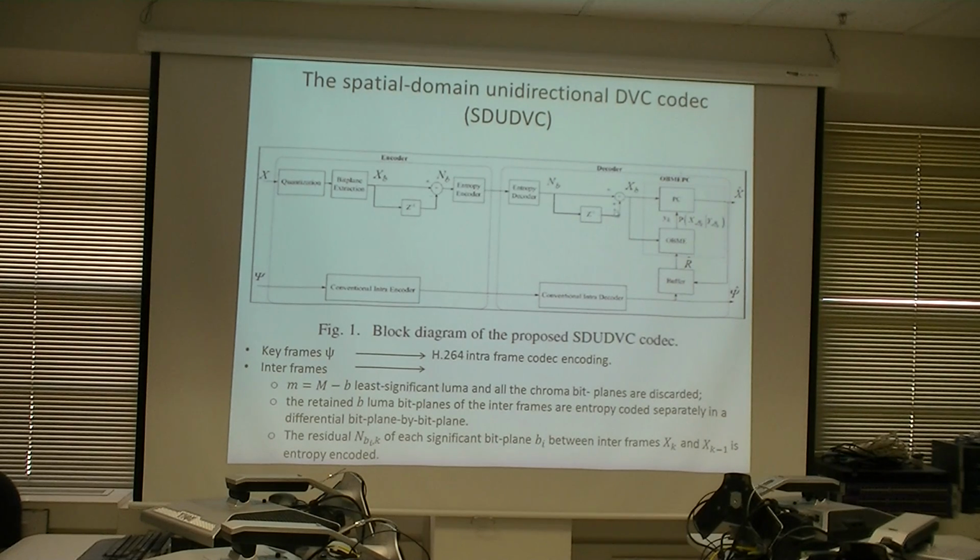No, because here the B significant bit planes, XB, are recovered correctly because it used the entropy decoder. Here the key frame is correctly decoded, but this is only about the B luminance bit planes. For each pixel, we still have the capital M minus B least significant bit planes.